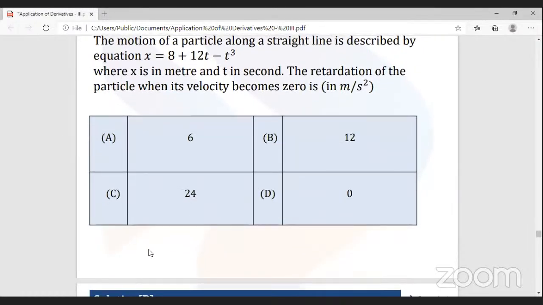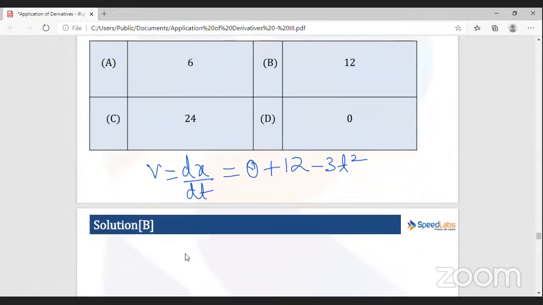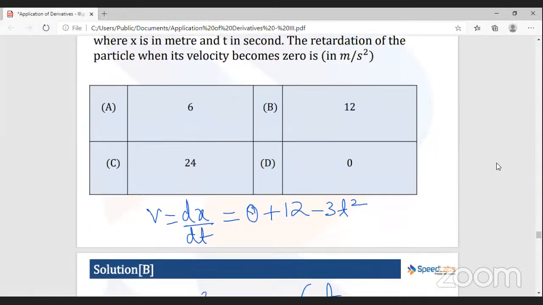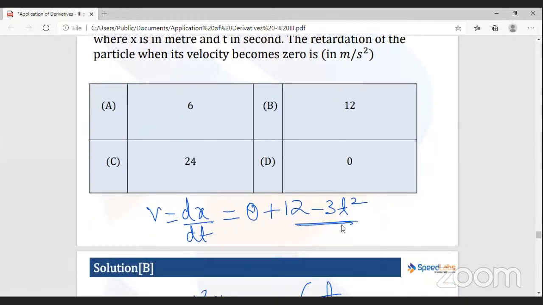What will we do here? For velocity we know that it is dx by dt. So we'll simply write 0 plus 12 minus 3t square. Now for retardation, that is d2x by dt square, so it is minus 6t. Now when its velocity becomes 0, what is the time? We'll find from here.